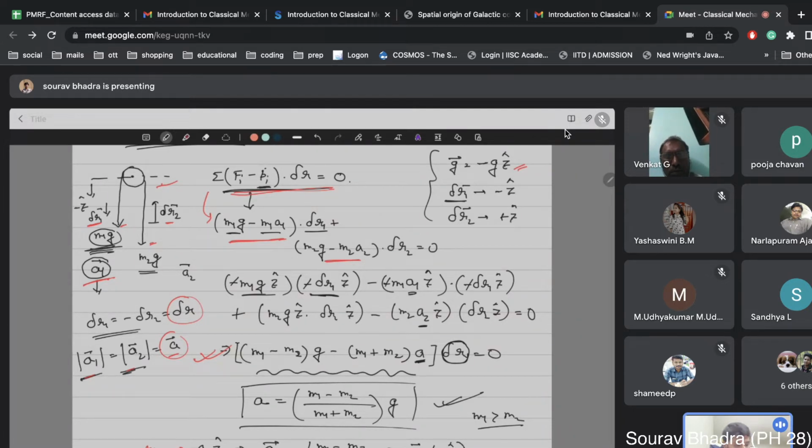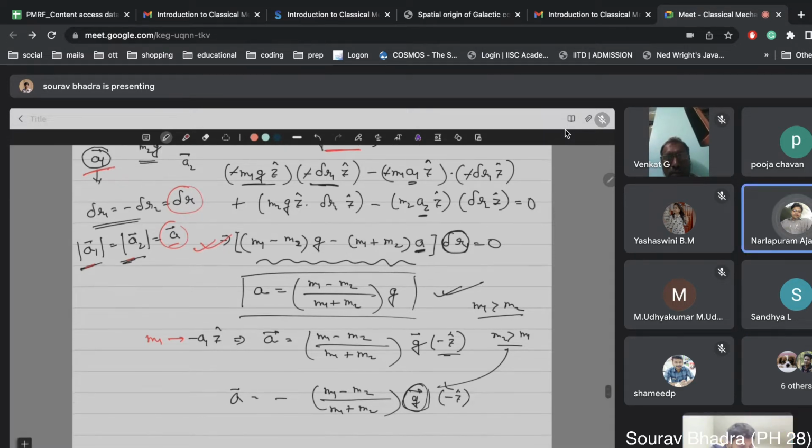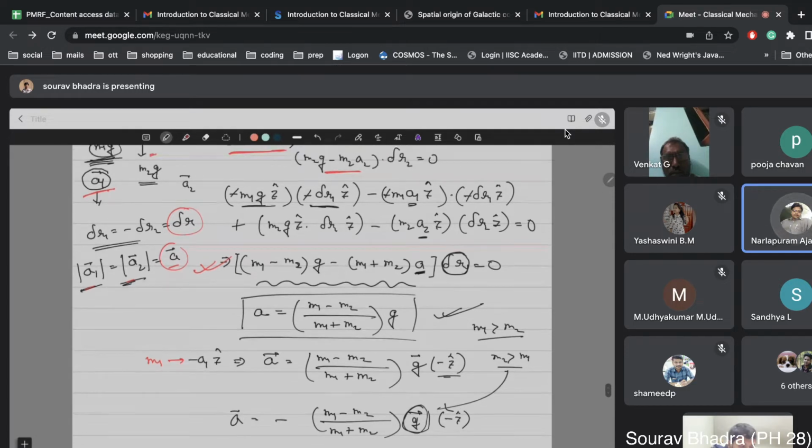And if m2 is greater than m1, then there will be a negative sign just before this expression, so for this case the acceleration will be minus m1 minus m2 by m1 plus m2 times g. And as g is always acting along the minus z direction, minus minus will be the positive z direction.